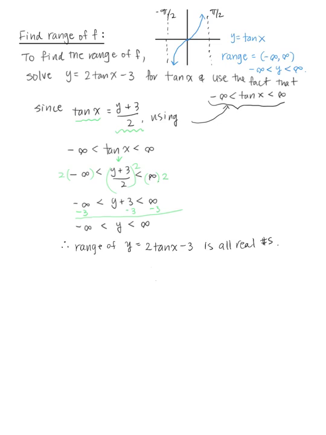All right, now in set notation, we could write this as: the range of f is the set of all y values such that y is between negative infinity and infinity. So this means all real numbers. Now in interval notation, it's going to look like this. All right, so we got our range of f. Let me box that.